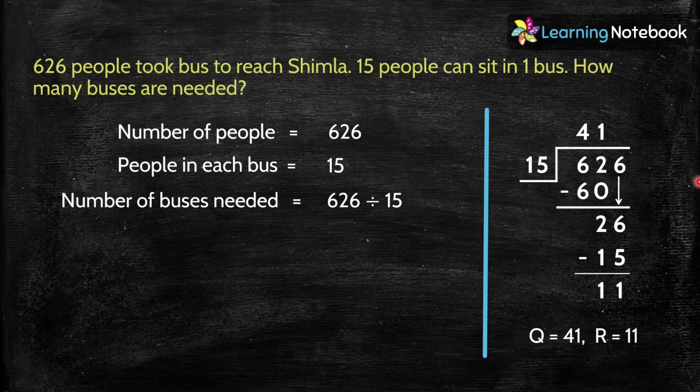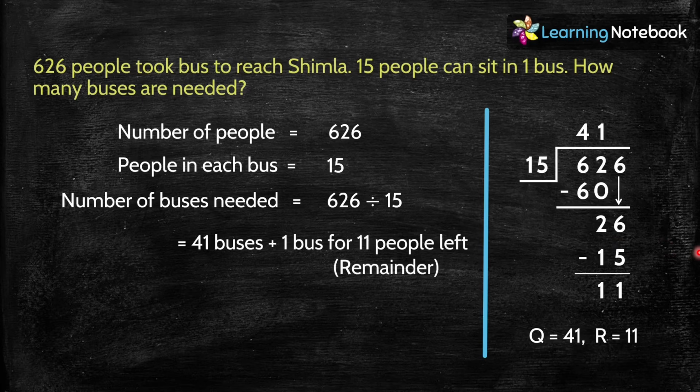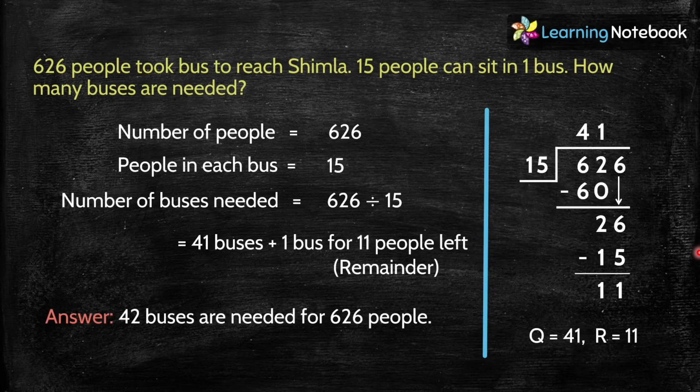So we get the quotient as 41 and the remainder equals 11. So students, it means we need 41 buses plus 1 bus for the 11 people left. So our answer is 42 buses. Don't forget to write the answer statement. 42 buses are needed for 626 people.